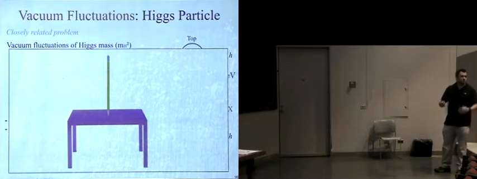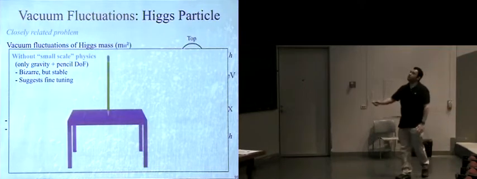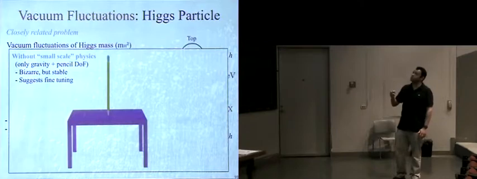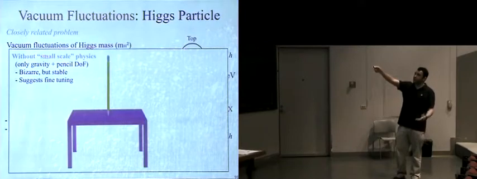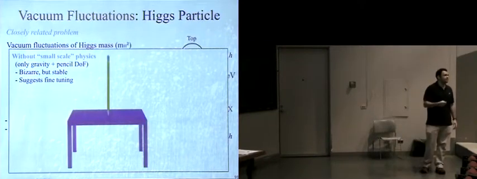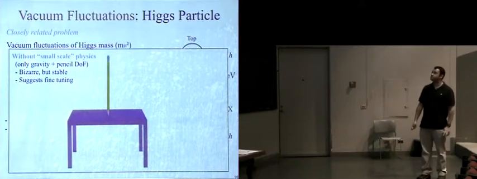If we saw this, it would still be very strange, very bizarre. It's consistent with physics. It's not violating any basic physical principles. The forces are balanced here. But without these small scale effects like vibrations or temperature, this would be very bizarre, but it would be stable, and you would suggest some fine tuning. Like someone really spent a long time getting this pencil to stand on its tip, and they didn't touch it.